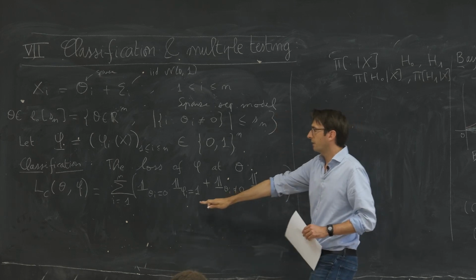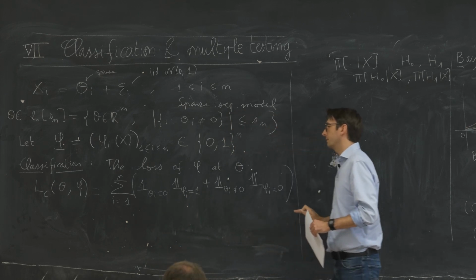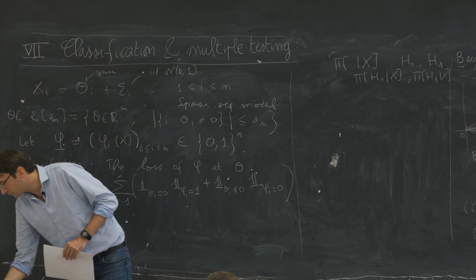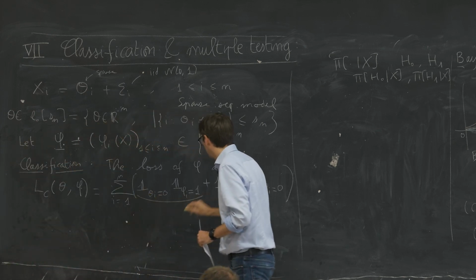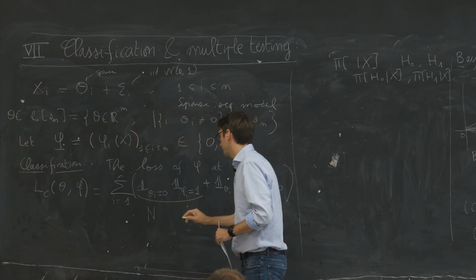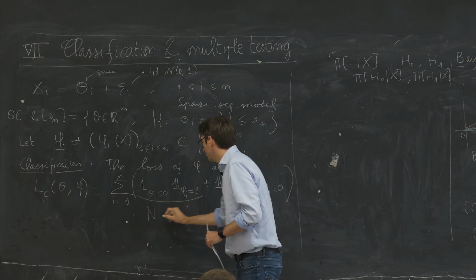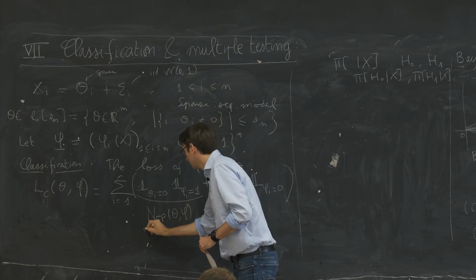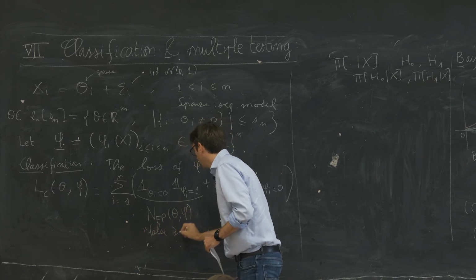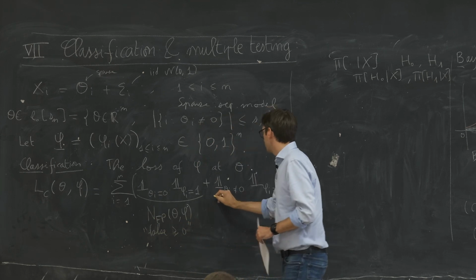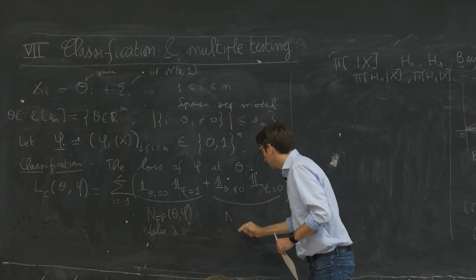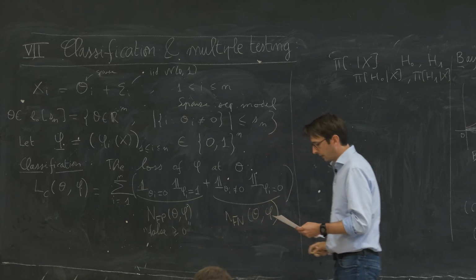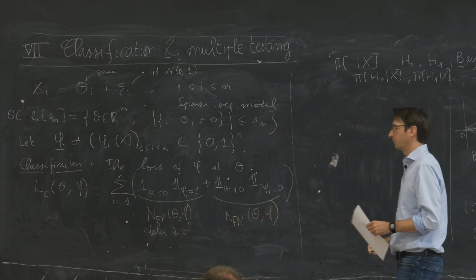That's the type 1 error, and that's the type 2 error. Let me introduce a bit of terminology, which I hope is intuitive. That's the number of false positives, and this is the number of false negatives, of phi at point theta.